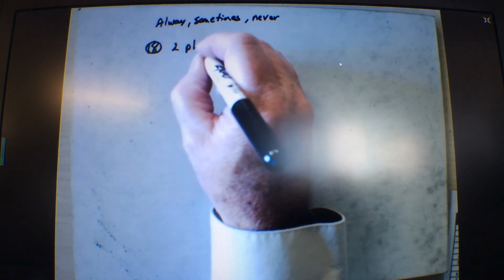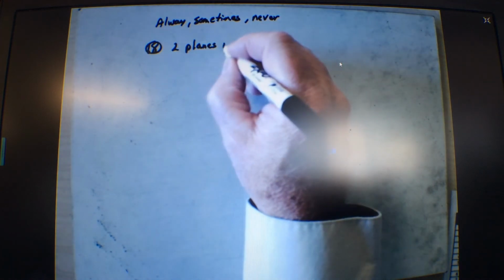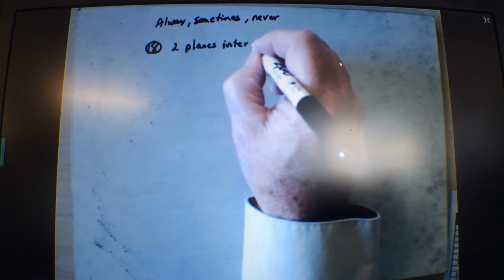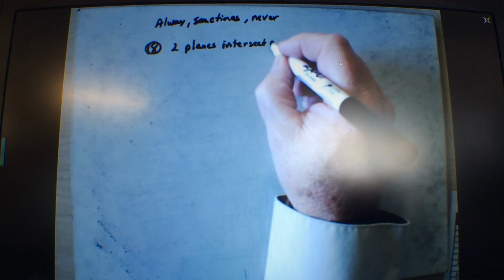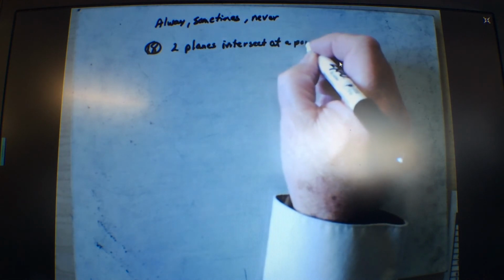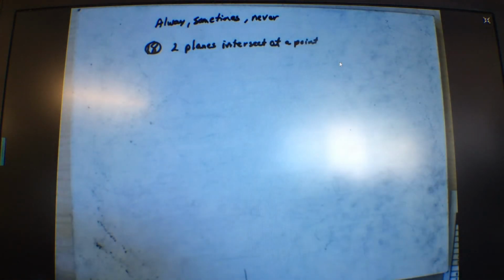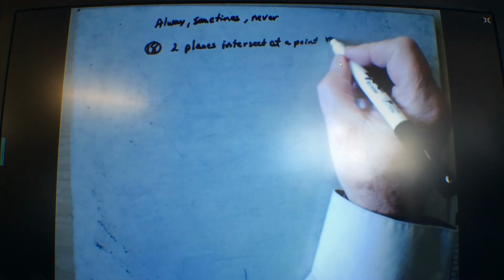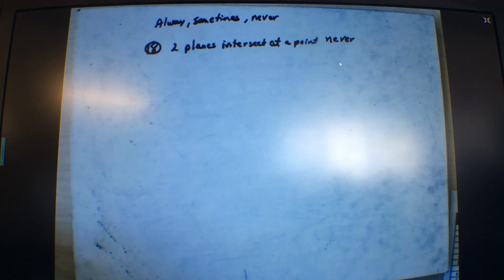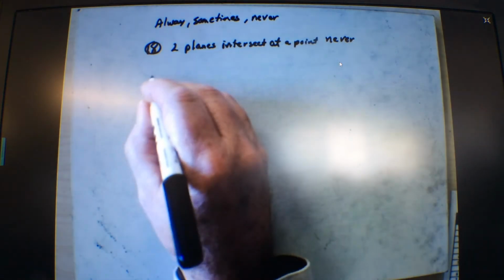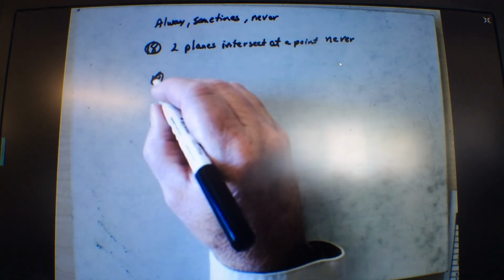Two planes intersect in a point. Sometimes? Never. They intersect at a line. Oh, two planes form a line.